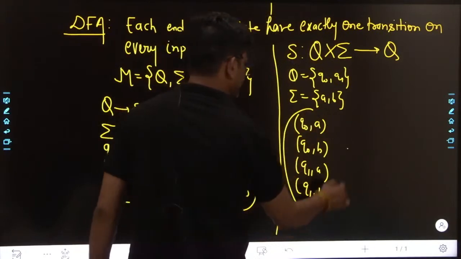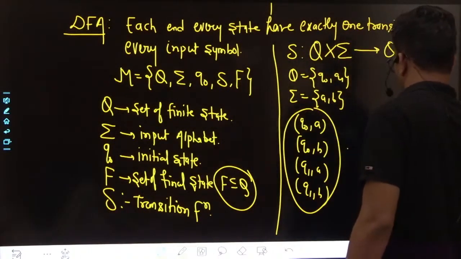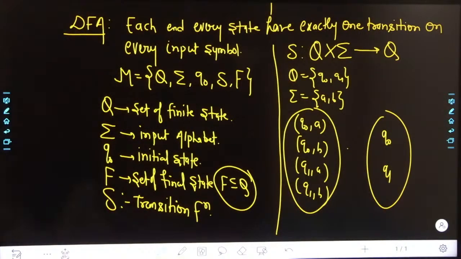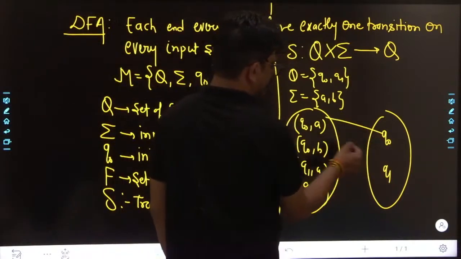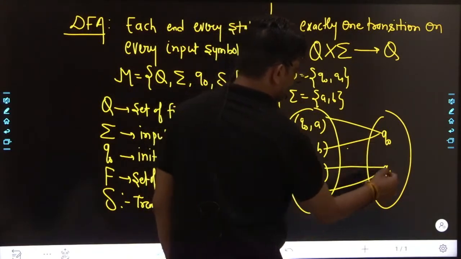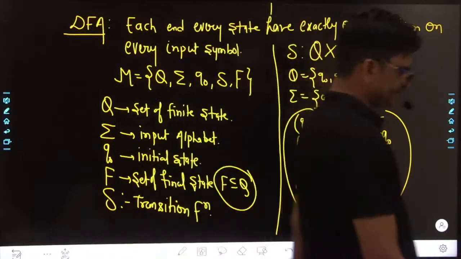We have this set and another set that contains only two states, Q0 and Q1. So this goes to either this one or this one, only one state. This is the representation of DFA.